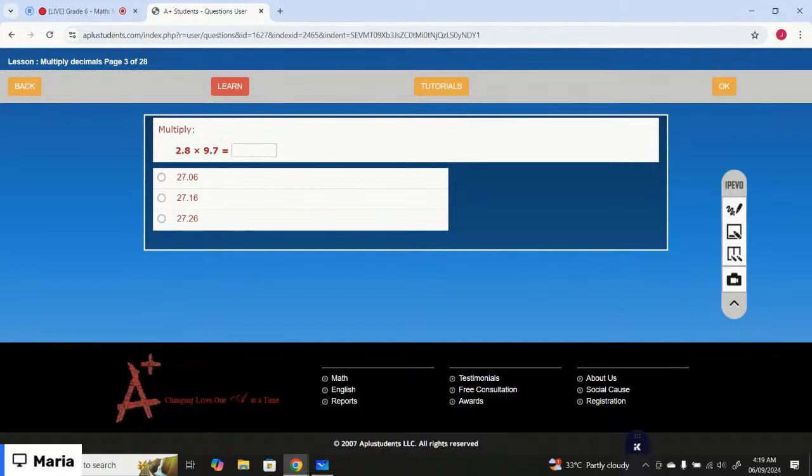The correct option is option number 2, that is 27.16. Option number 2 is the correct option.